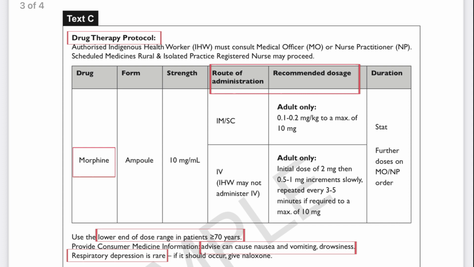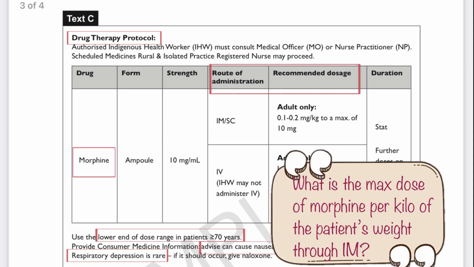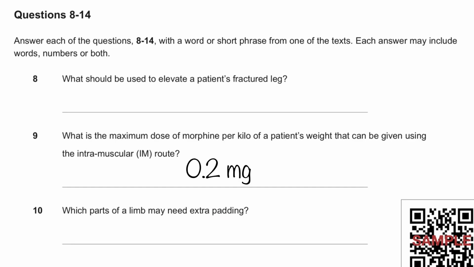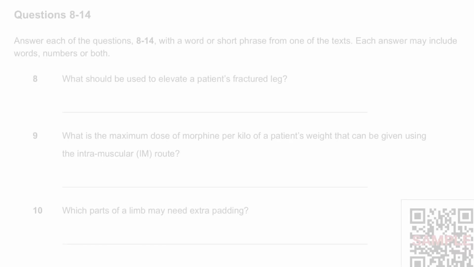So we go back to the question, what's the maximum dose of morphine per kilo of the patient's weight through IM? So we go to the recommended dosage for IM, and then we can see here that it's 0.1 to 0.2 milligram per kilo. But what we want is the maximum dose. So the answer is 0.2 milligram.